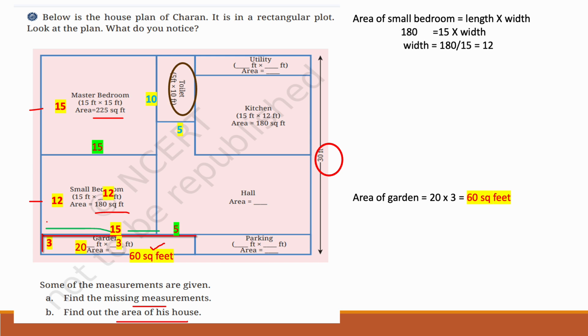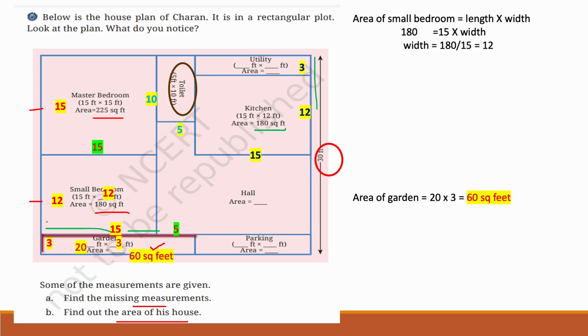Okay. The next one, see the kitchen, it is 15 feet by 12 feet. 15 feet length, 12 feet width. Area is given, it is 180 square feet. Okay. The next one, utility region. See, we have to find the measurements. See, the total width of the plan is 30 feet.